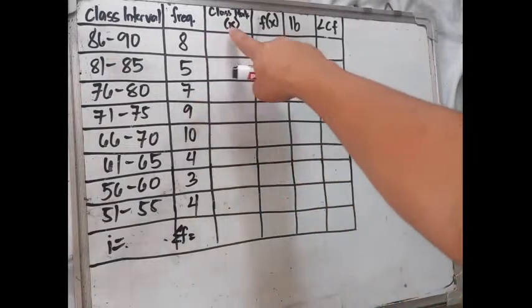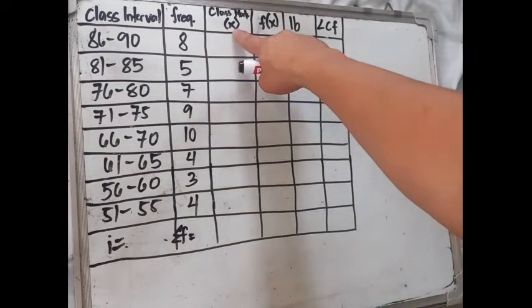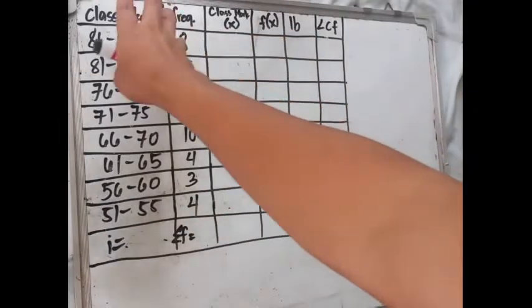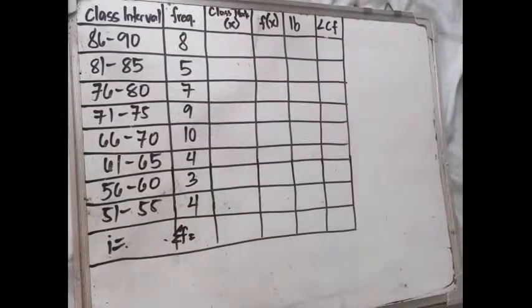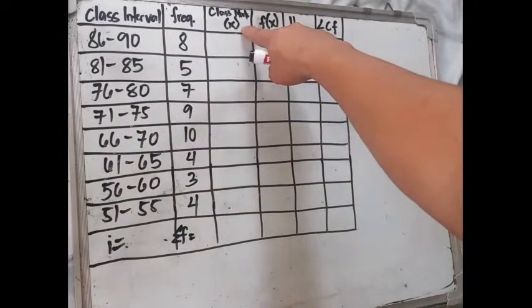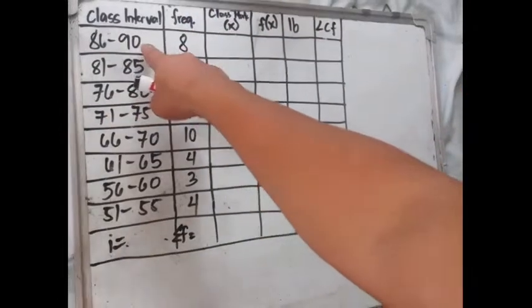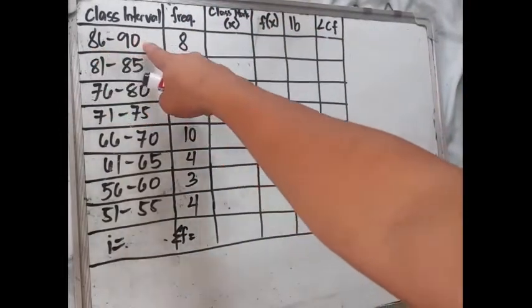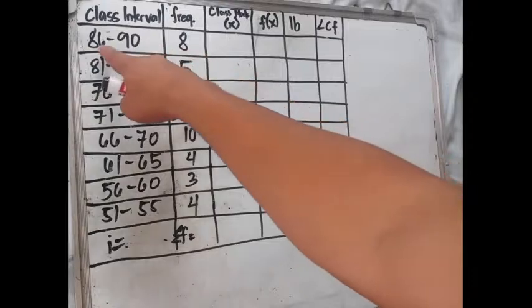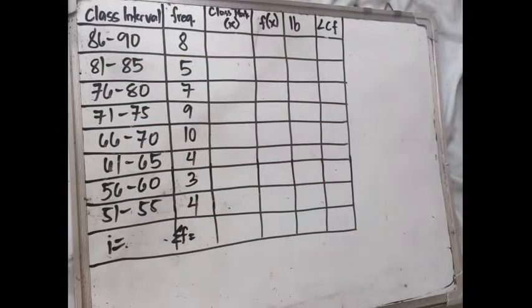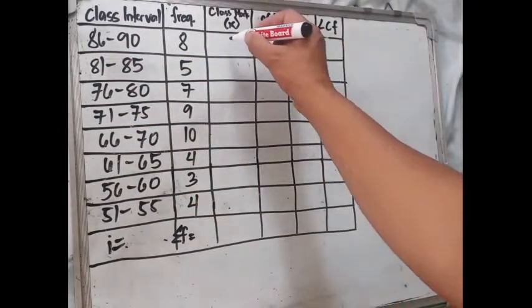So how to find the value of x here? So mag-base tayo sa class interval. To find the value of x, you need to add this one, 86 plus 90, then i-divide mo yan sa 2, that is equivalent to 88.